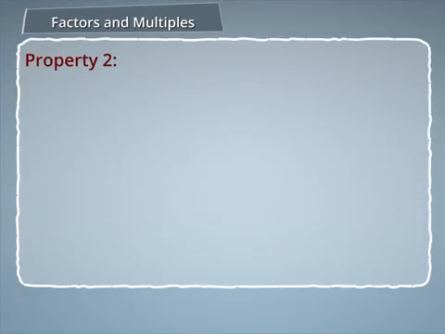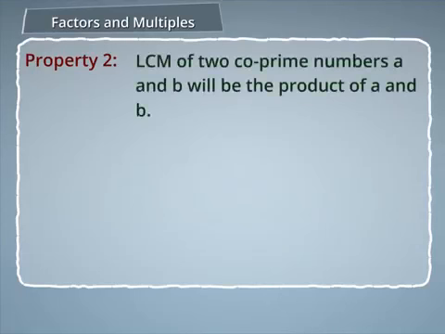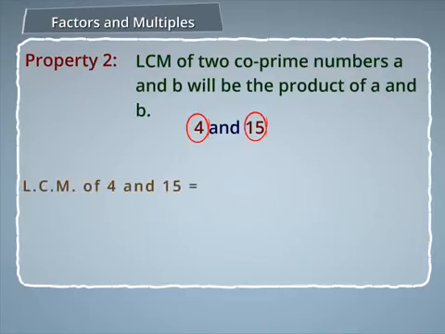Property 2. LCM of two co-prime numbers A and B will be the product of A and B. To understand this, let us take two co-prime numbers, say 4 and 15. So their LCM is 2 into 2 into 3 into 5, which is equal to 60.